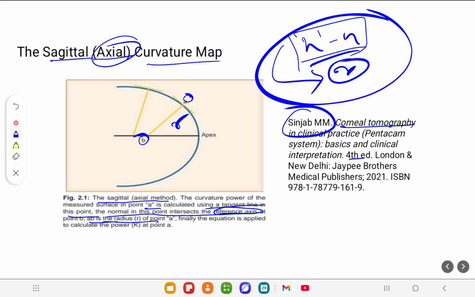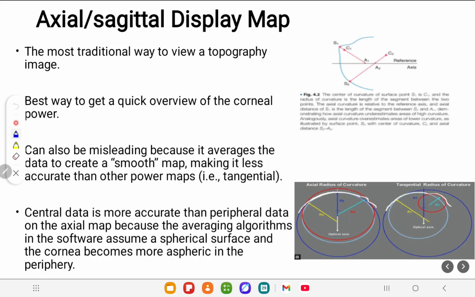The concept is that you need this line, so that from every point you draw the tangent, and the normal should touch this line. Then you get the radius of curvature, and when you put it in the formula, you get power. That's why sagittal means there is a reference axis, axial.